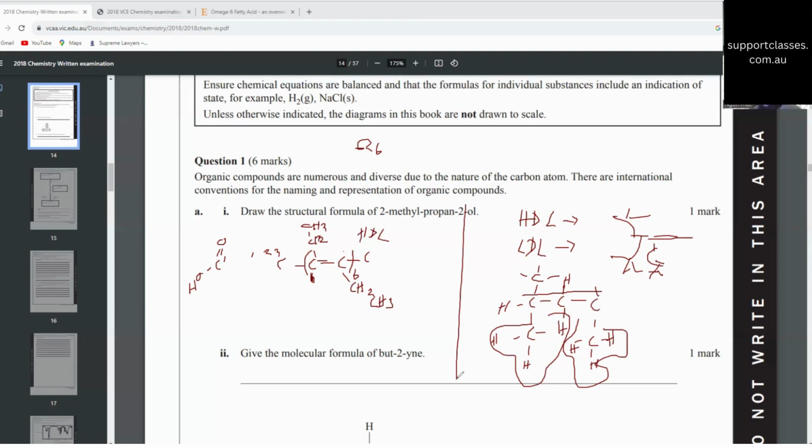We take oil and butter. At room temperature, you have oil, right?